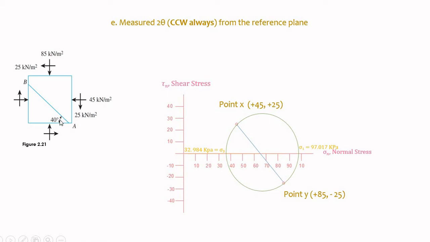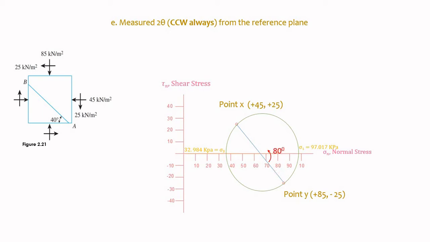This is 40 degrees from the horizontal plane, which is the same as this plane. Remember, this is point X, this is point Y. From our Mohr's circle, this is point Y, therefore this is our reference plane. From this plane, we measure 2 theta in a counterclockwise direction. Theta is 40 degrees, so we measure counterclockwise.